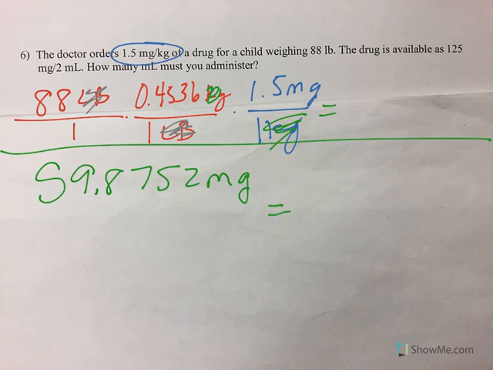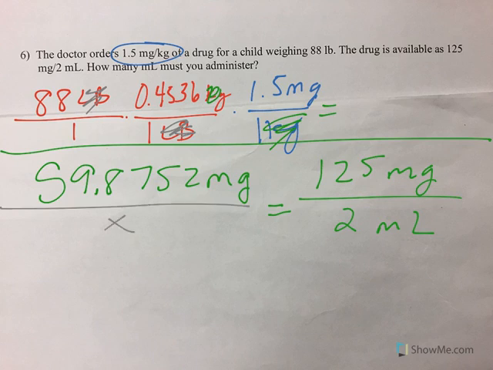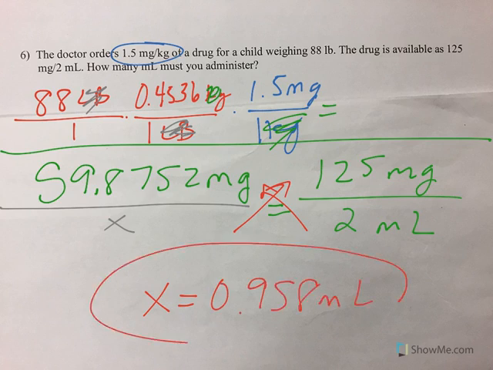Well, we know that we have to use 125 milligrams per 2 milliliters as the drug availability. So we're trying to figure out how many milliliters will we administer if the kid only needs 59.8752 milligrams. So if we set it up this way, the right ratio is the way the drug is available, the left is what we need. So we cross multiply. This child just needs 0.958 milliliters of this drug.